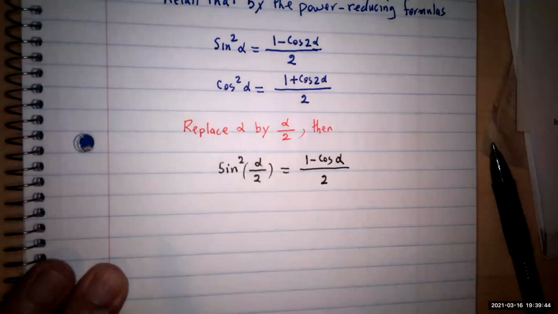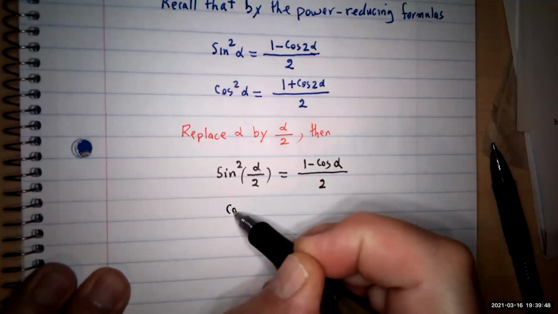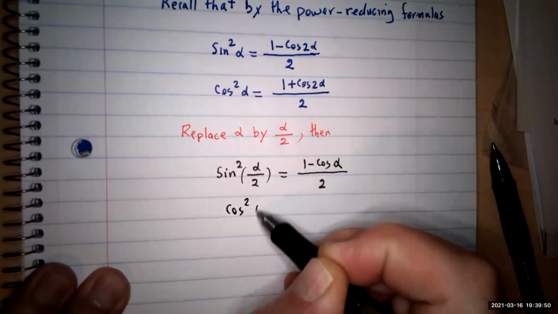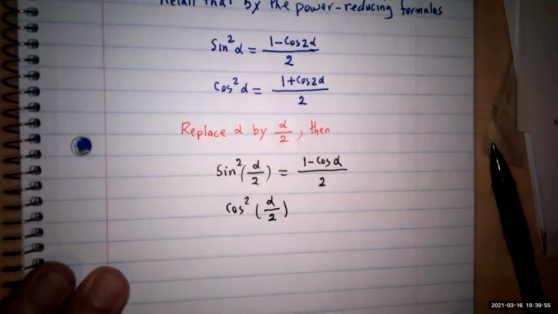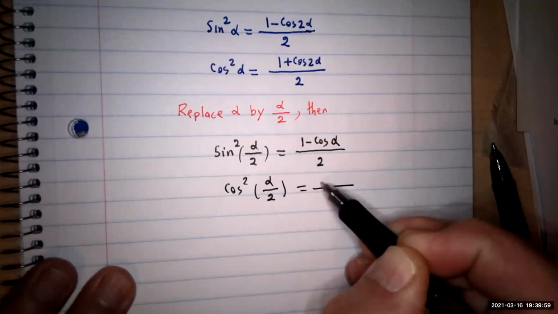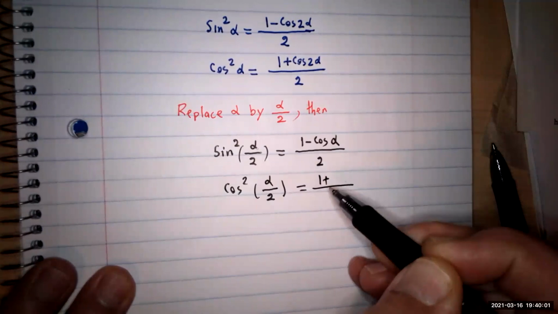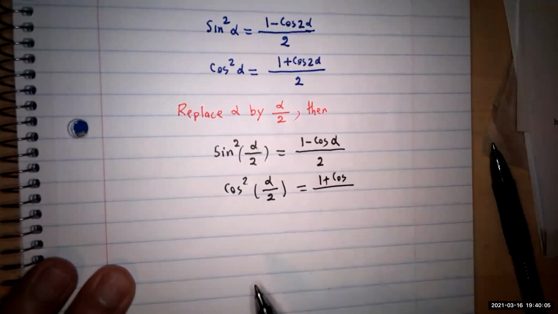And if you check the second one, you start with the cosine squared of alpha half. You double it, and when it's a cosine, the top is going to be 1 plus cosine of the double angle.